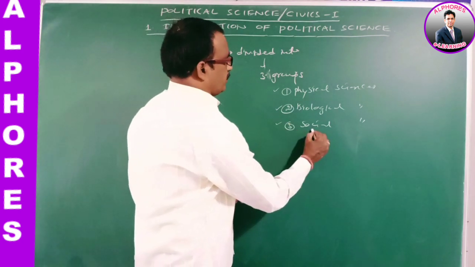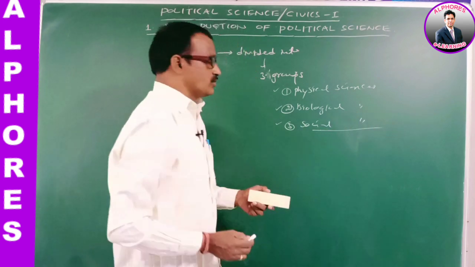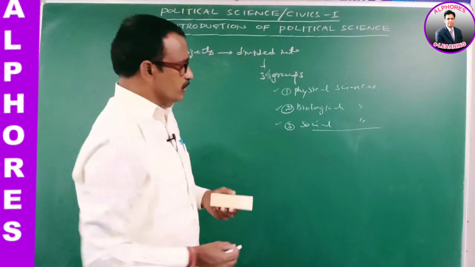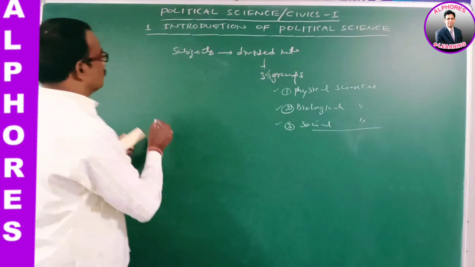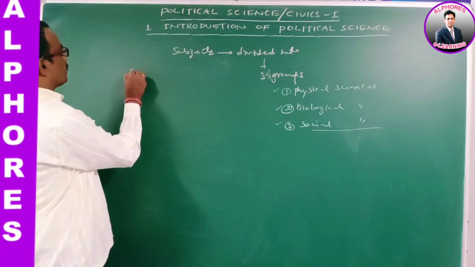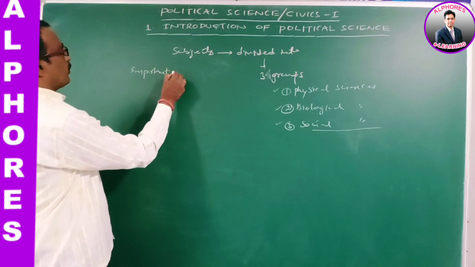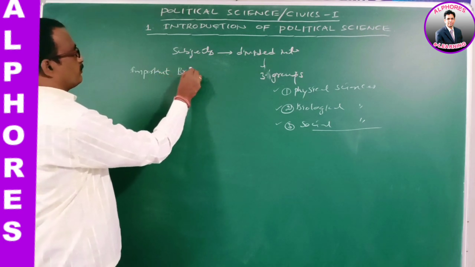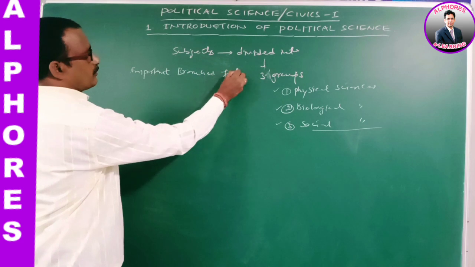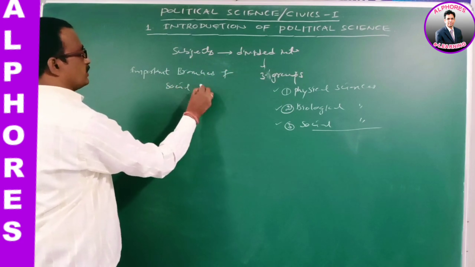In the same way, in social sciences, so many branches are there. So what are the important branches of social science?